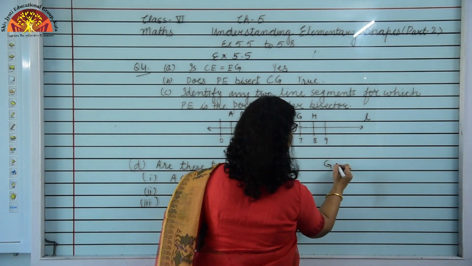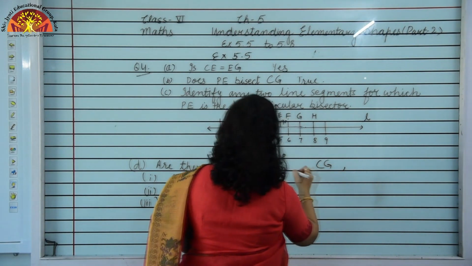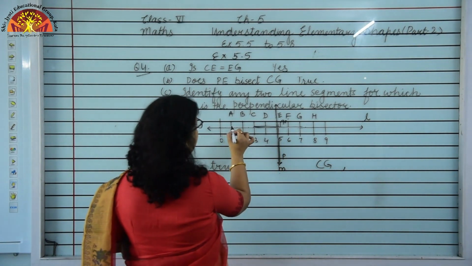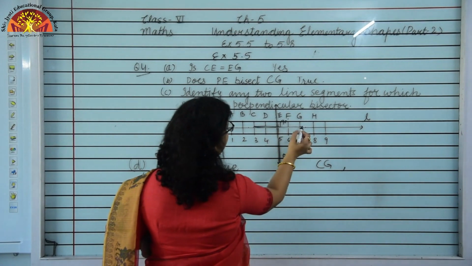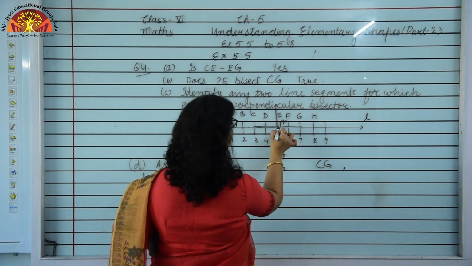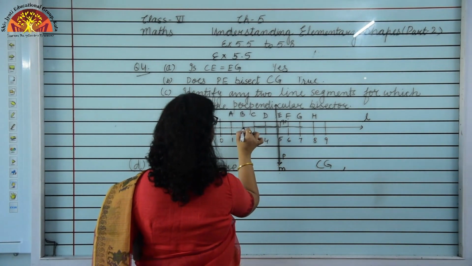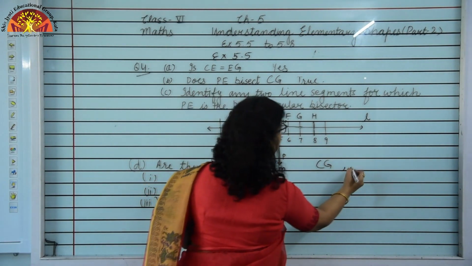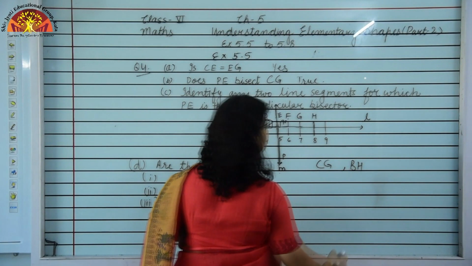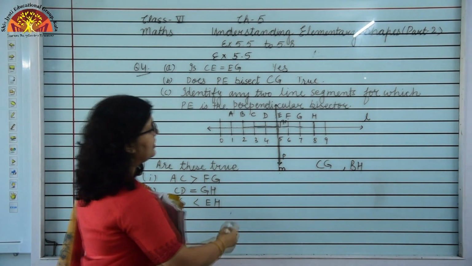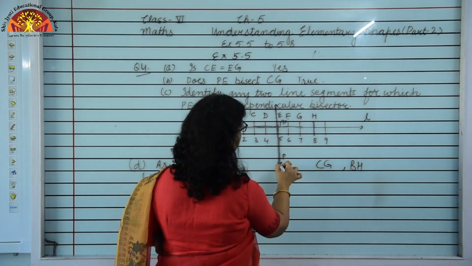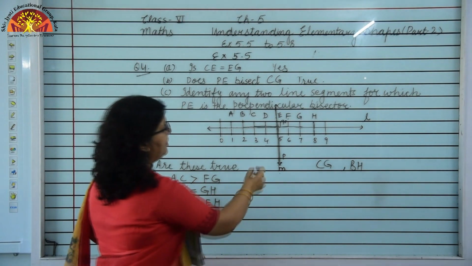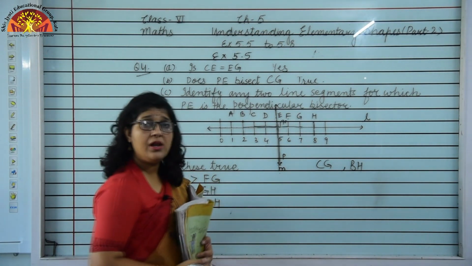So CG is the first line segment and second is A2. We have 1, 2 and 3 units here and 1, 2, 3 units here. So BH. Second, BH is the second segment that has PE as the perpendicular bisector, bisecting it in 2 equal parts.